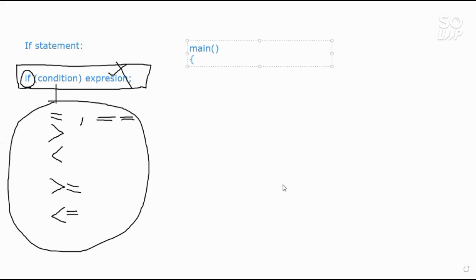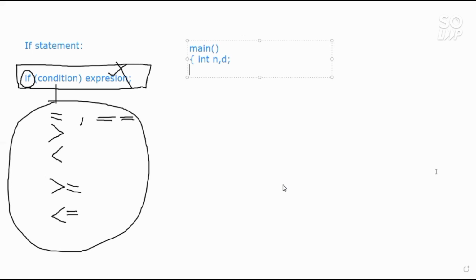So I have started the main function, and I have defined two integers, n and d, for instance. What I am doing here is, I want to see if the integer n can be divisible by d.